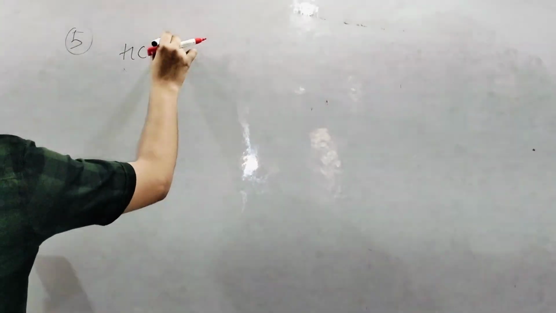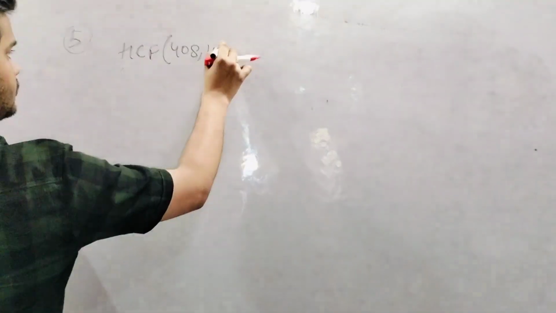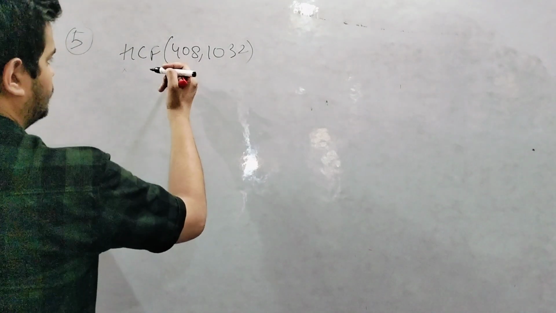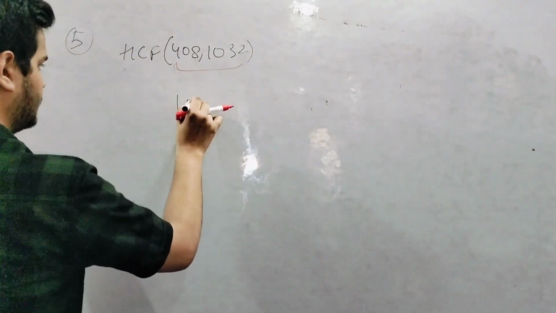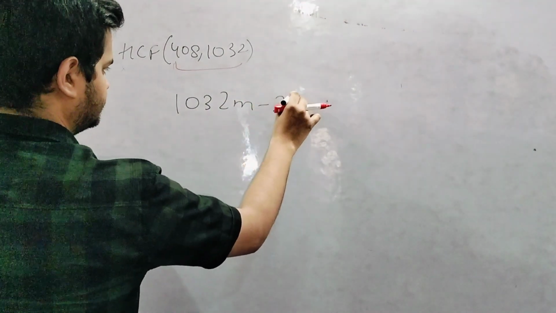Now question number 5 is: the HCF of 408 and 1032 is expressible in the form 1032m.